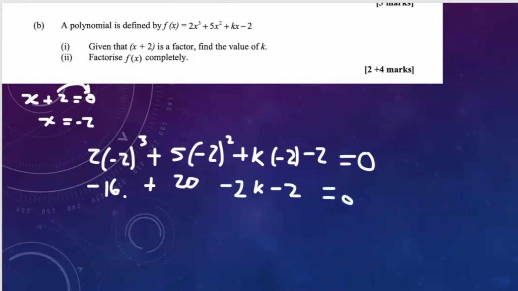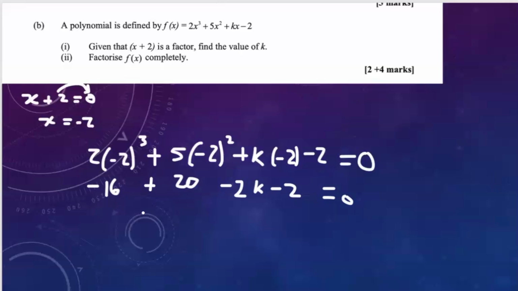So minus 16 plus 20, that's 4, and 4 minus 2, that's going to give us 2. Just to repeat, negative 2 cubed is negative 8, negative 8 times 2, negative 16. 2 squared is 4, 4 fives, 20. This is minus 2k and minus 2.